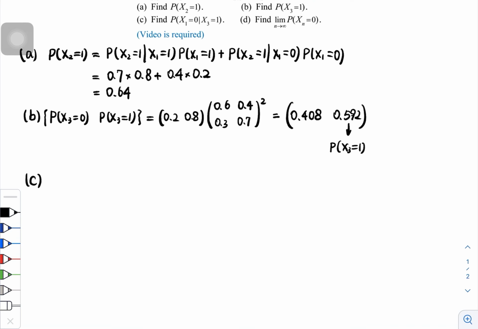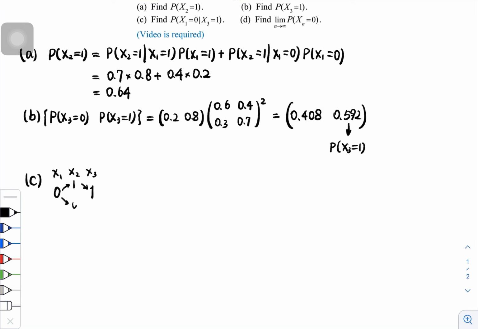For this, we want to know that when the x1 equals 0 and x3 equals 1, there are two situations, x1, x2, x3. This is 0 and this is 1.